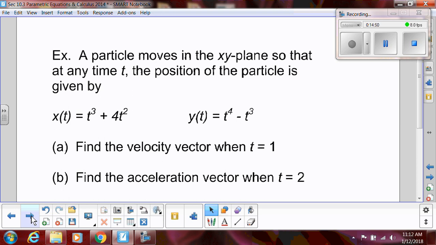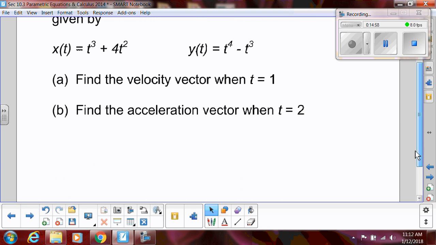We've got this particle that moves in the xy plane so that at any time t, the position is given by these parameters, x of t and y of t. If we want to find the velocity vector when t equals 1, all you're doing is the first derivative, and you're keeping them separate.